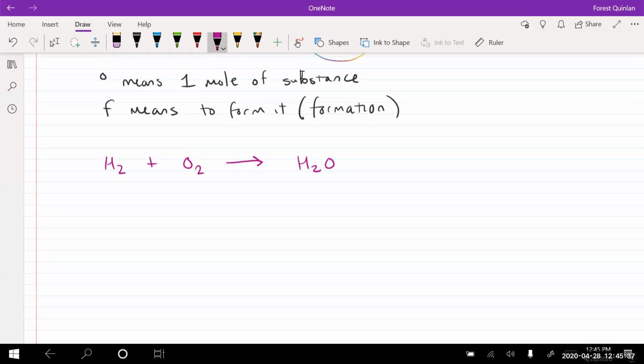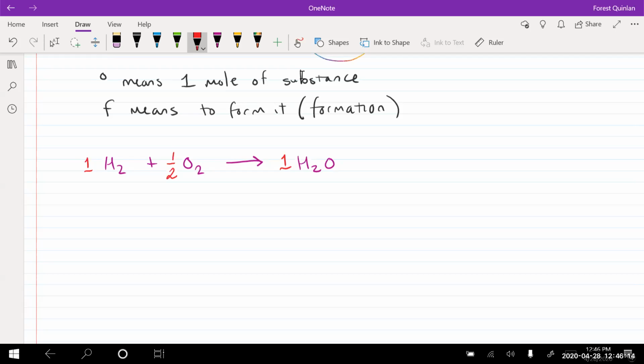In the past, we would normally balance this as 2 hydrogens, 1 oxygen makes 2 waters. We're not going to do that because this naught means that we have to do it for only 1 mole. So if we're going to figure out how much energy it takes to make that water, we're actually going to have to put a 1 here, which means that's going to have to be a 1, which means the water has to be a 1/2. Ooh, something we've never done before.